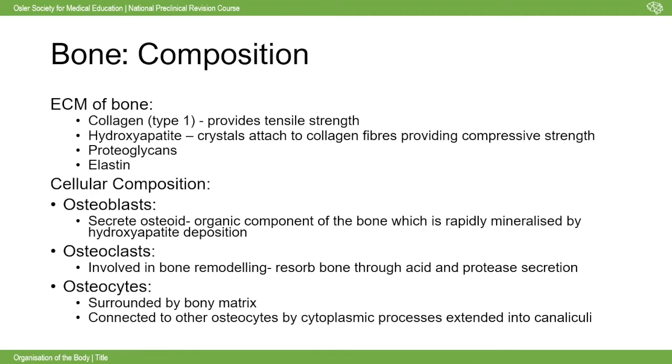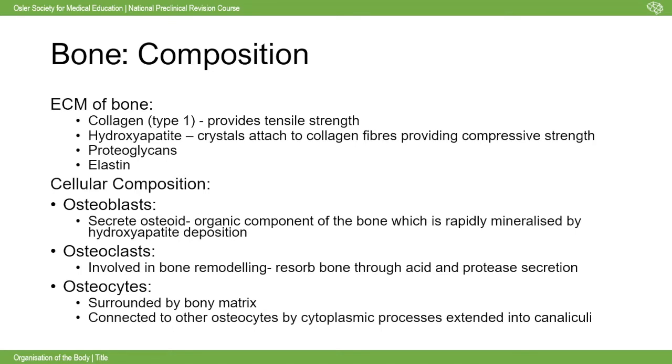We also have hydroxyapatite. These are crystals that are deposited into our ECM, and they attach to collagen fibers to provide compressive strength. If you dissolve these crystals using acid, you'll find that bone is bendy, and you're able to bend it into all kinds of shapes. That shows that this is providing a lot of the structural integrity of the bone.